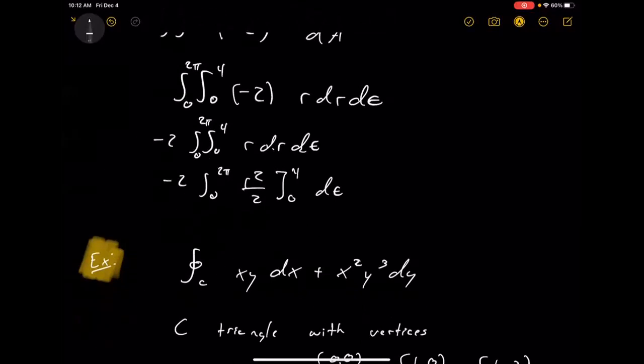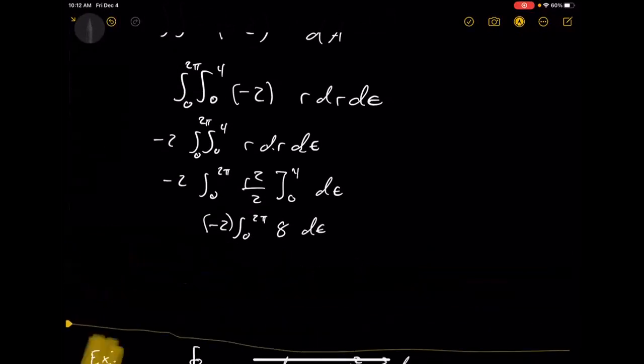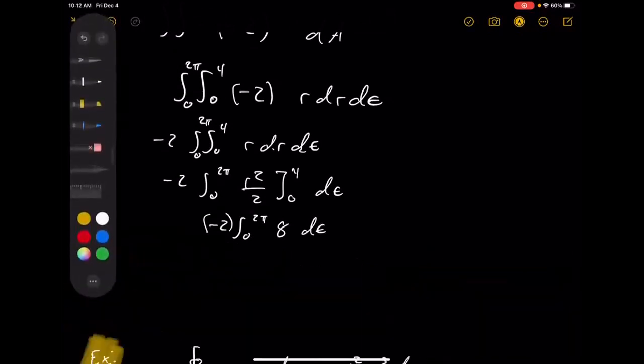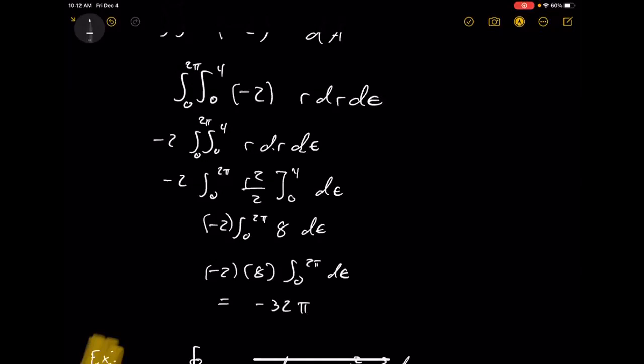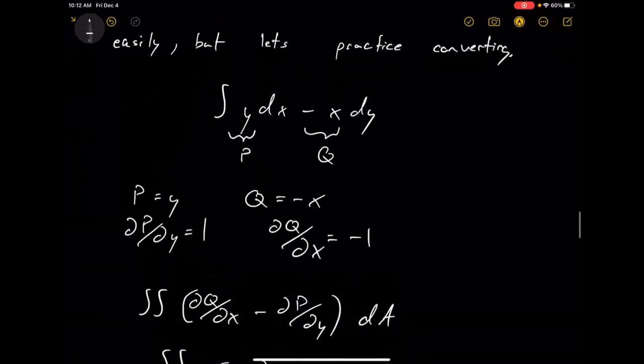And so that's the integral from 0 to 2π, -2 out front, 8 dθ. Should be -32π. Okay, so not bad.